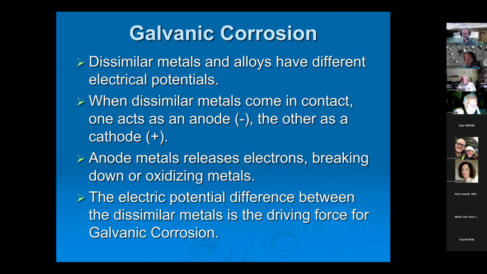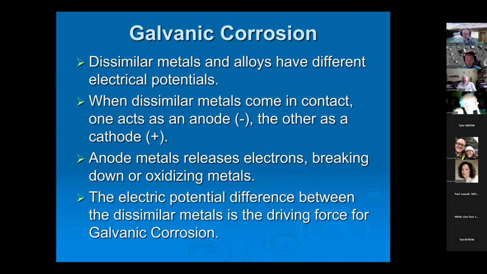So when dissimilar metals come together in contacts, one acts as an anode, one acts as a cathode. These are familiar terms that we use inside a battery. So that anode metal releases electrons, breaking down or oxidizing metals.